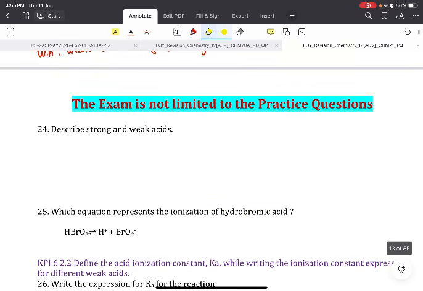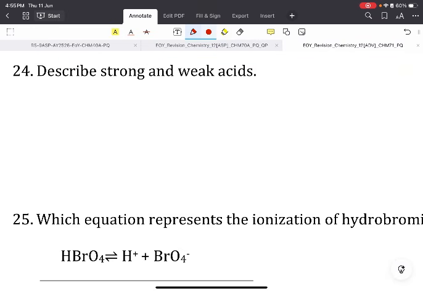Describe, again, another question, describe the strong acid and the weak acid. So again, this is almost the same question mentioned in a different way. Now I'm gonna give you the list of strong acids to keep in mind.